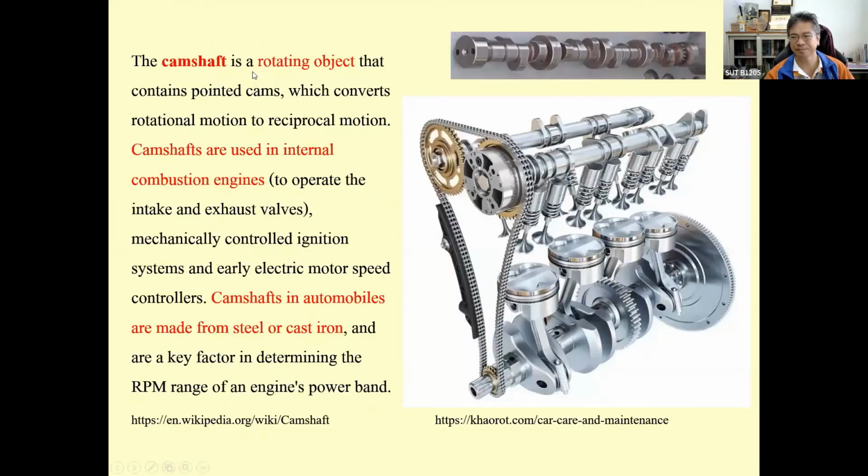And then the mechanical engineering students, some of you are going to design the engine. Again, the new world is going to have the electric car. The motor in the car also has the shaft, okay?